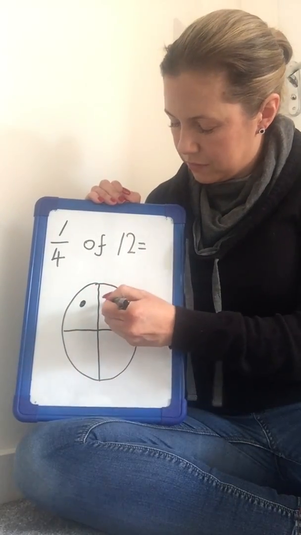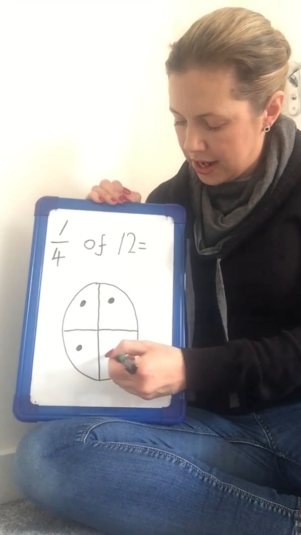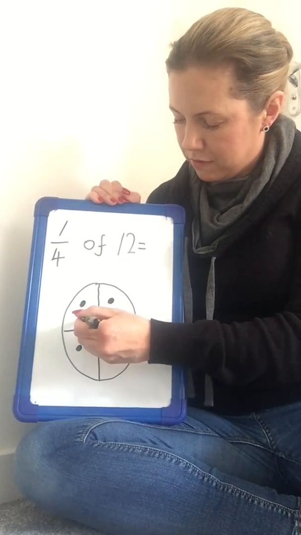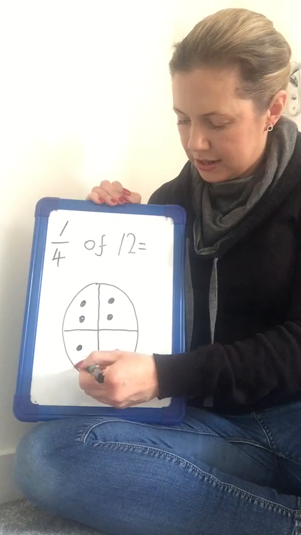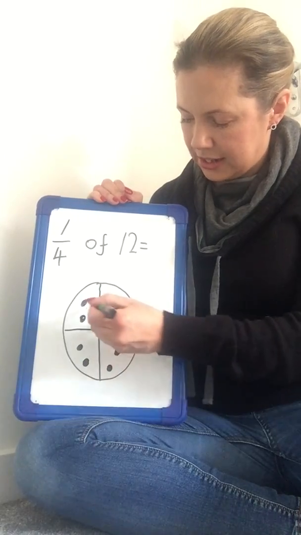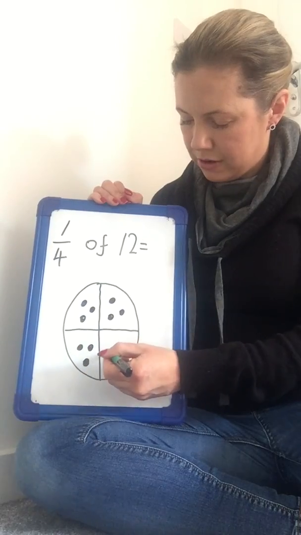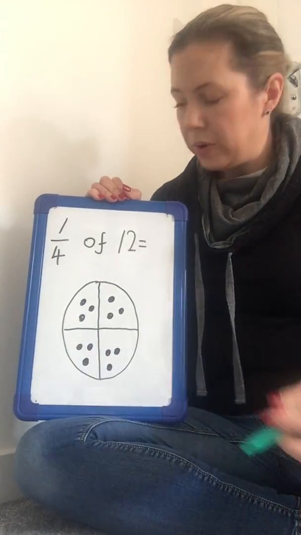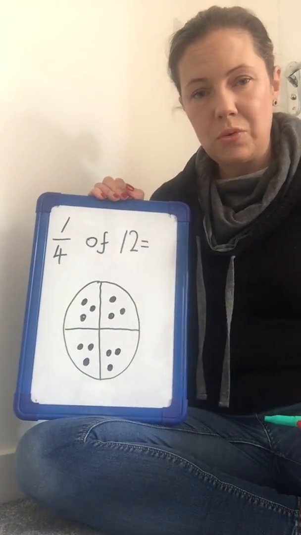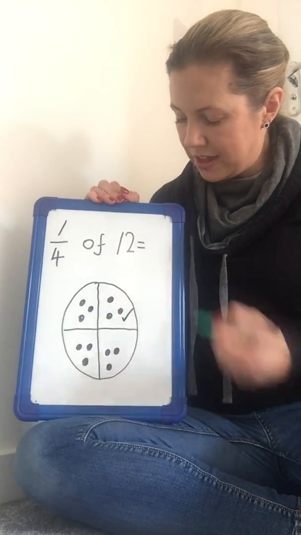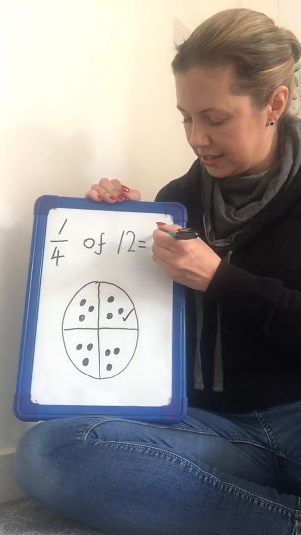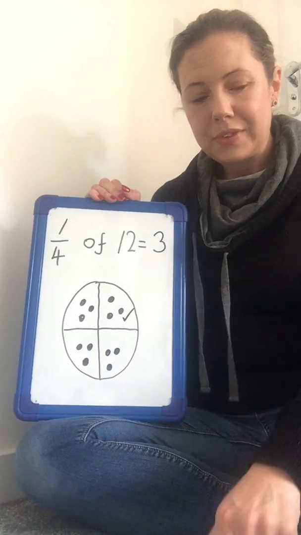So 1, 2, 3, 4, 5, 6, 7, 8, 9, 10, 11, 12, and we need 1 of those parts to answer our question. So give that a tick, and a quarter of 12 is 3.